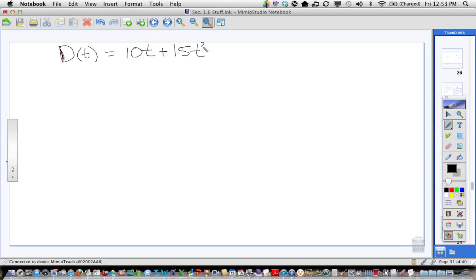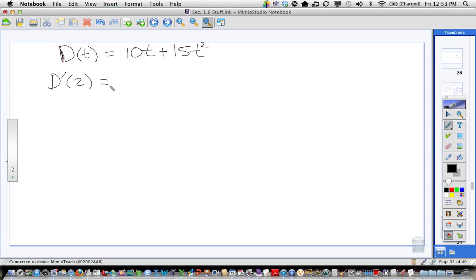Okay, so this would be given to you. This is not something you would come up with, so write that down. So this is the function, this is miles, t is hours, d is the miles she had traveled at various times. So we plug a 1 in, that's where she was after 1 hour, and 2 would be where she is at 2 hours, and so forth. And we would like to know what her speed is right at 2 hours.